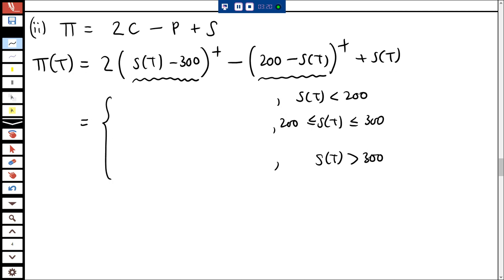Okay, so let's assume in the first line the stock is less than £2. So the first term is going to be negative inside the bracket, so we're not going to exercise the right. So 2 lots of nothing, which is nothing.